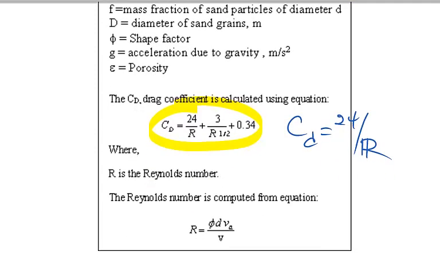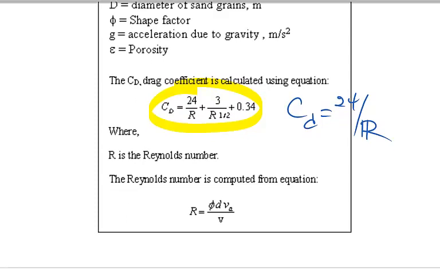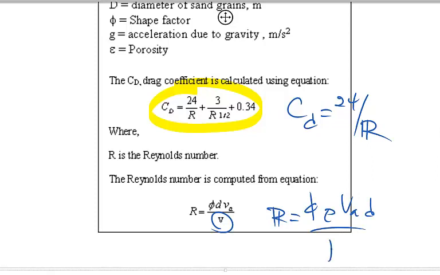The Reynolds number is provided here in terms of kinematic viscosity, but we can also calculate it in terms of shape factor, density of the material, approach velocity, geometric mean diameter, and dynamic viscosity. Either one of these could work for our approach.